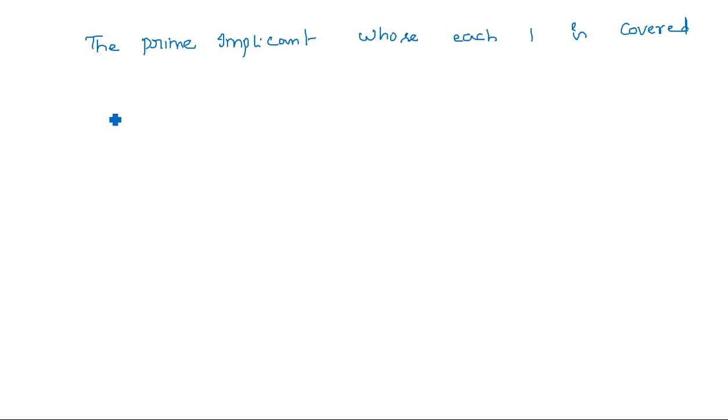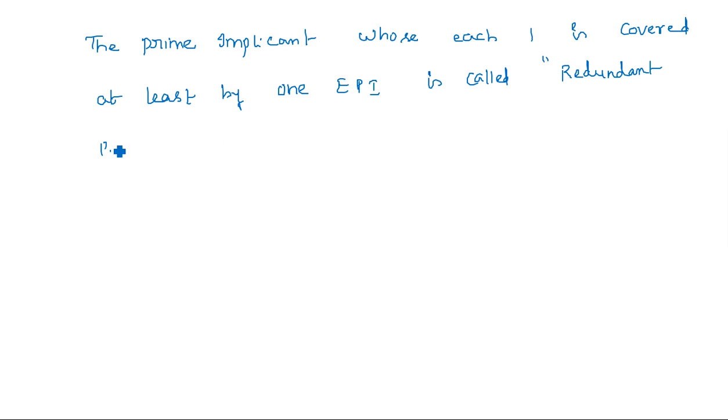I will write the definition here. The prime implicant whose each one is covered at least by one EPI, essential prime implicant, is called a redundant prime implicant.